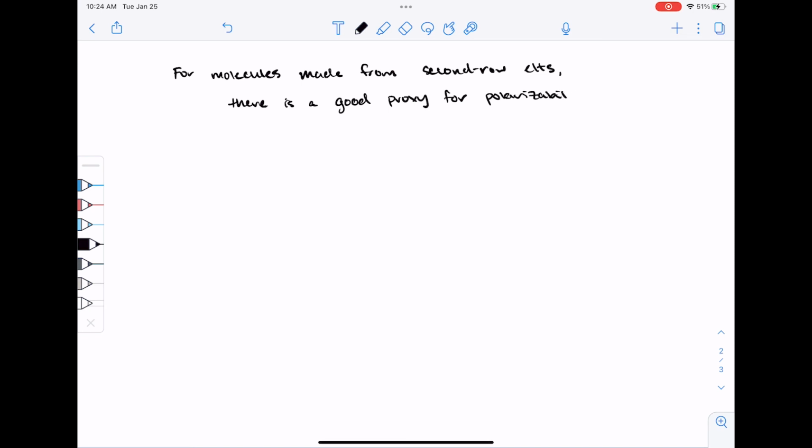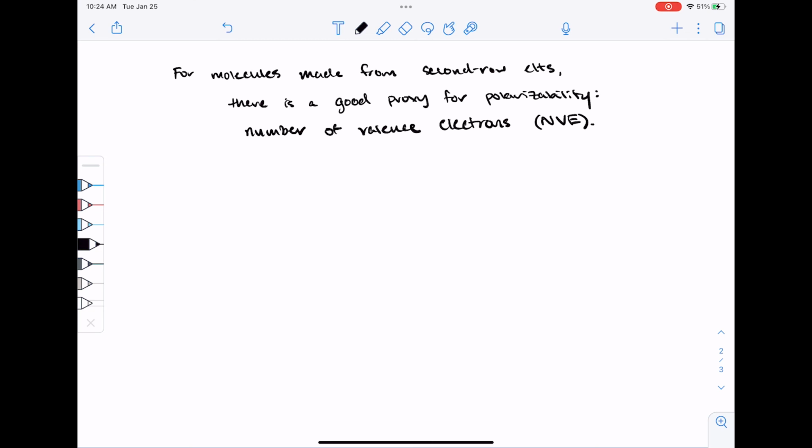And that proxy is the number of valence electrons, or NVE. And this kind of makes sense because the more valence electrons you have, and those valence electrons are the ones furthest away from the nucleus and most likely to be distorted, the more you have of those, the higher your polarizability is.